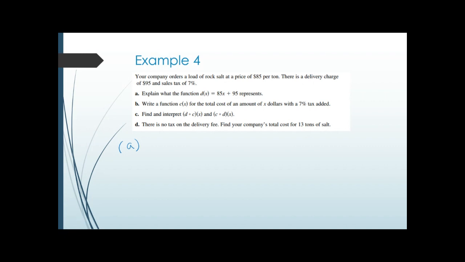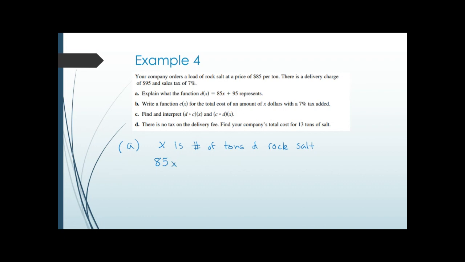So 85 times x, if it's $85 per ton and we're multiplying it by x, that means x is the number of tons. I'm going to just write that down: number of tons of the rock salt. And 85 times x tells us the price of the rock salt.